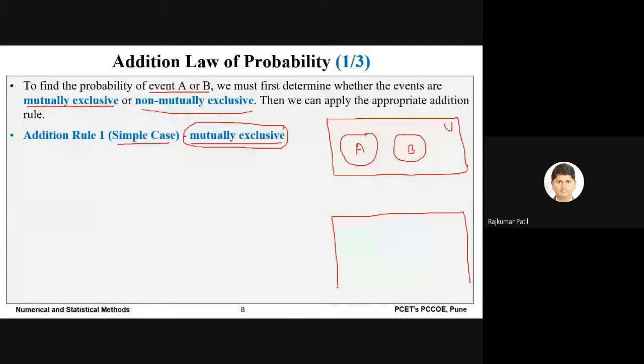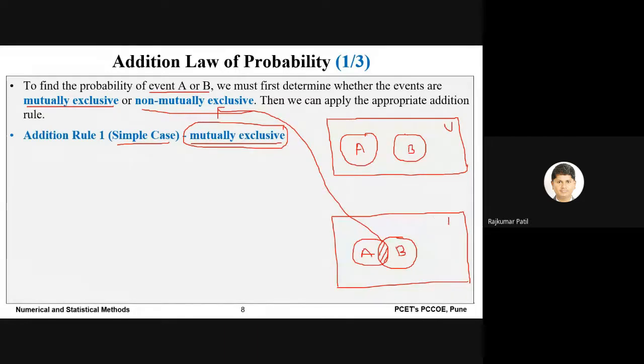In the right bottom figure, I'm showing event A and event B. Here, when we talk about event A and event B, there is some common overlapping surface, right? If this is the case, then it is called non-mutually exclusive events.